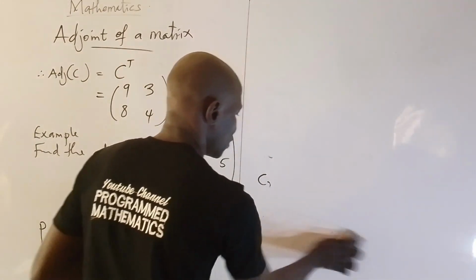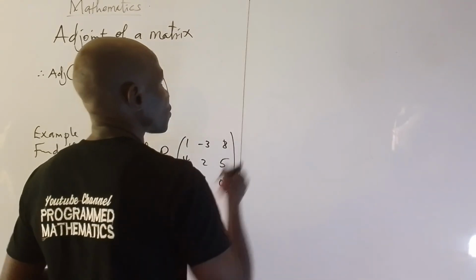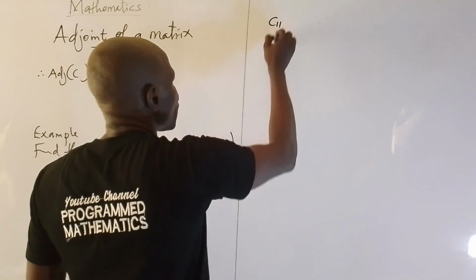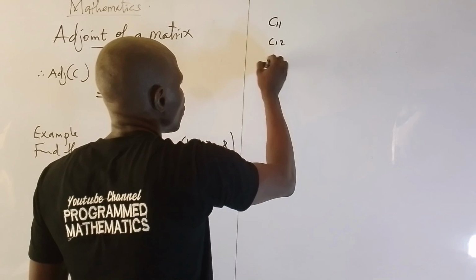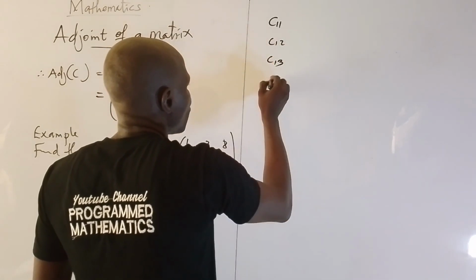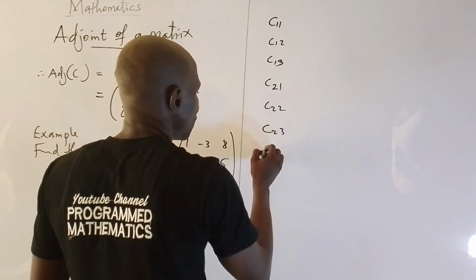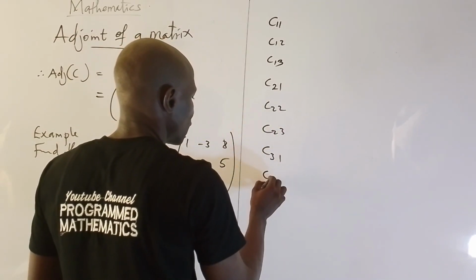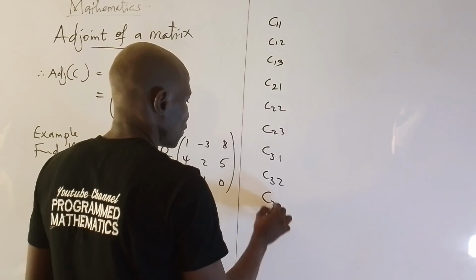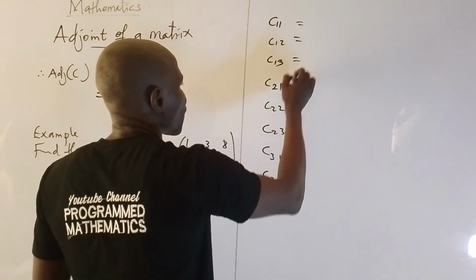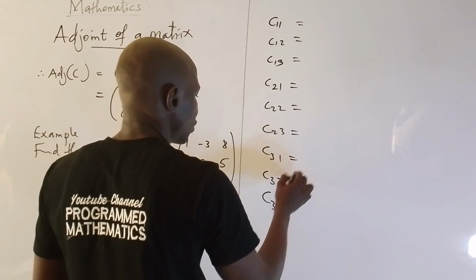We are not going outside the definition; we still follow it strictly. So we're looking for C11, C12, C13, C21, C22, C23, C31, C32, C33. These are the different cofactors we need to find.